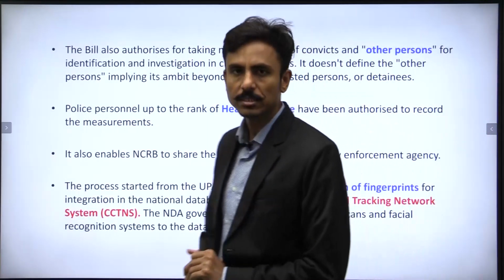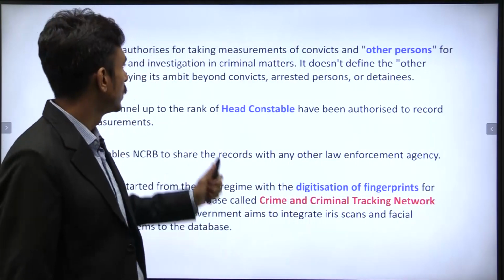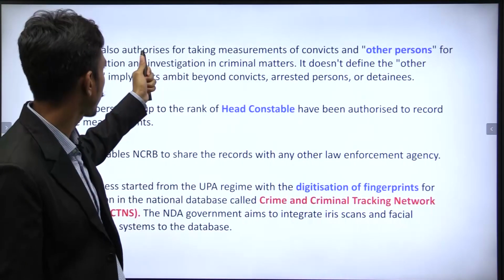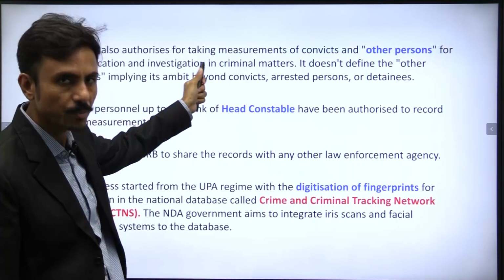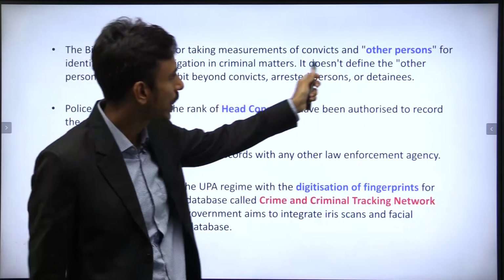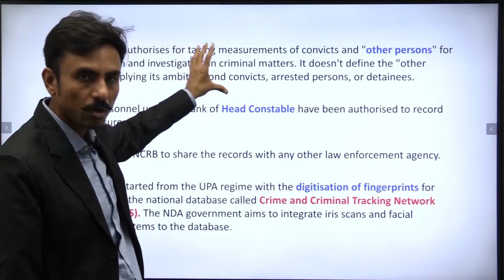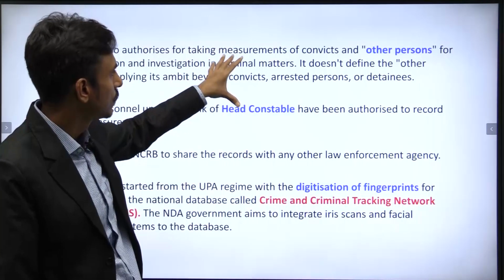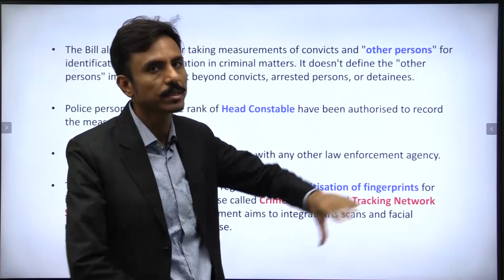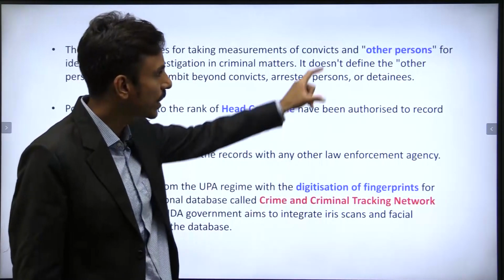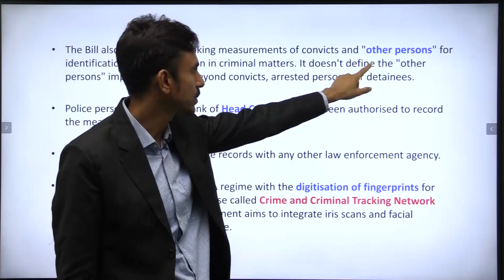guys, the bill is actually ambiguous, and when it says that it authorizes taking measurements of convicts and other persons, right? Now this clause in the bill with regard to other persons is very debatable. The government has not defined what is other person, right?